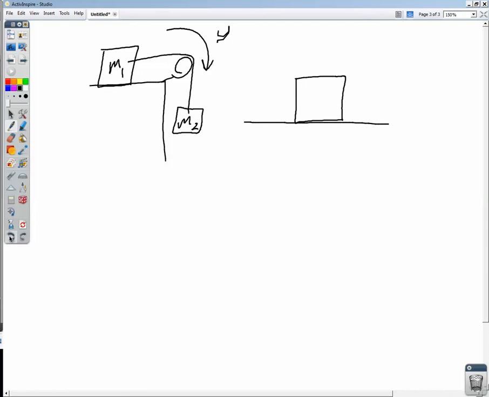Let's say it's in the direction that M2 accelerates, going downward. So the forces acting on this system, we have M2G going to the right, and we're going to have the force of kinetic friction on M1 going back to the left. So that would be the free body diagram for the system here.